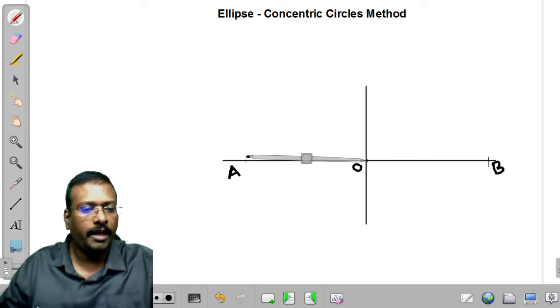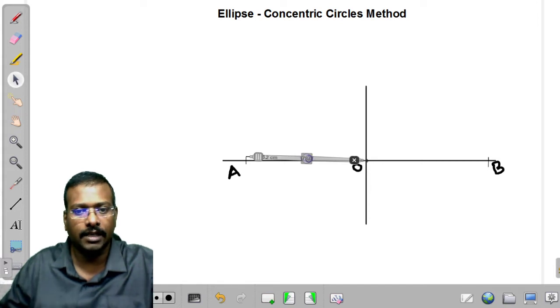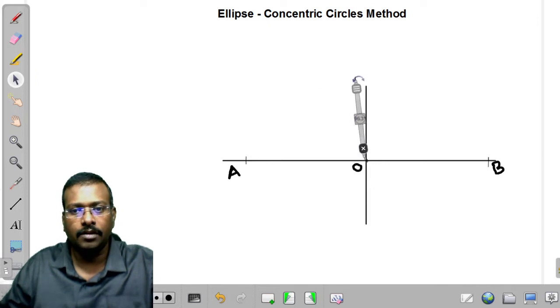Now take half of the length of minor axis as radius. Minor axis is CD. Take half of the length of minor axis as radius, O as center. Draw the arc on the vertical line on both the sides.